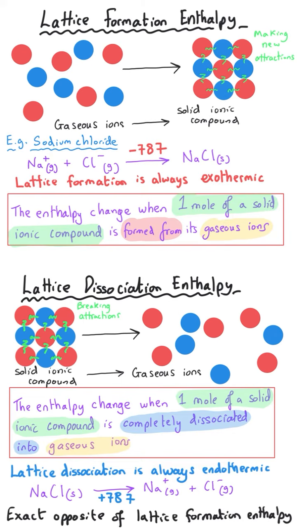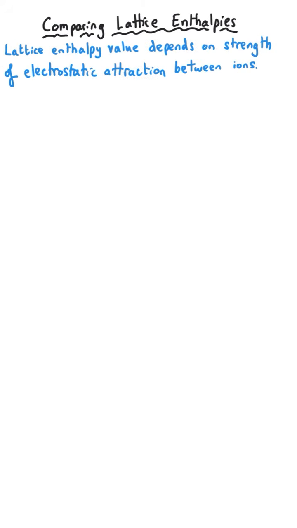They are equal in magnitude but opposite in sign, because one of them releases heat energy to the surroundings, whereas the other takes heat energy in and converts it into chemical energy. It's a common command in A-level exam questions to compare the lattice enthalpies for two different ionic compounds. The value for a lattice enthalpy depends on the strength of the attraction between the positive and negative ions.